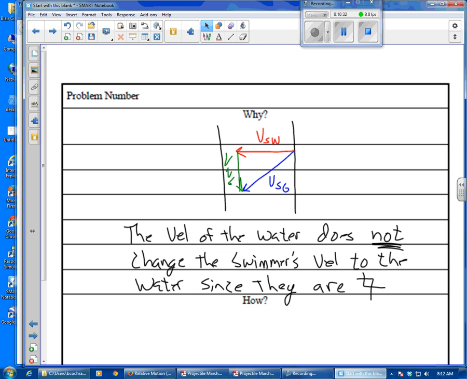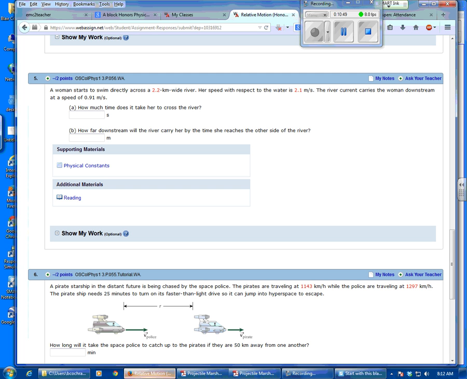It'd still take her the same time, because the river's velocity is not changing the rate that she moves across the river. It's just changing the rate she moves down the river, which combined to be the blue vector. So the time is not going to be affected by whatever the river does.